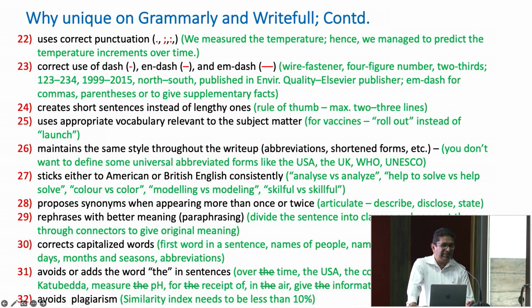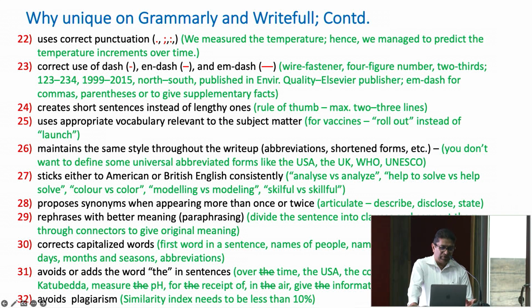Whenever you work with numerals, you have to use the n dash all the time, right? You say my temperature falls between 25 to 30 centigrade. Between 25 and 30, what you should type is an n dash, not a dash, not an m dash, right?